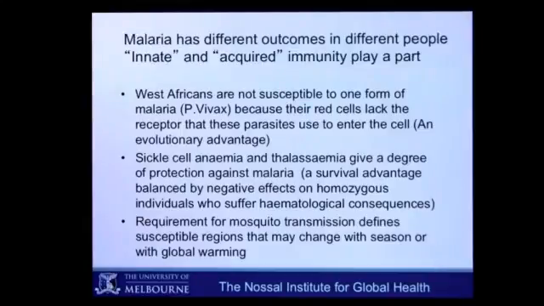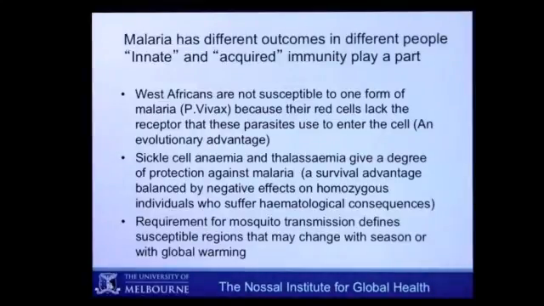So let's say some of the genetic things which are extraordinarily interesting. West Africans are totally immune to Plasmodium vivax. When those malaria parasites burst out of one red cell and go into another, the parasite needs a receptor interaction at the surface of the red blood cell.